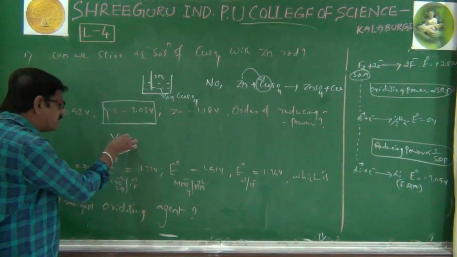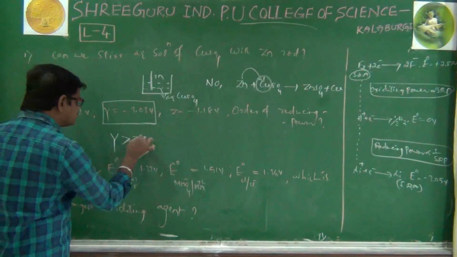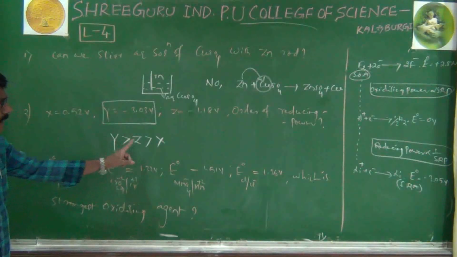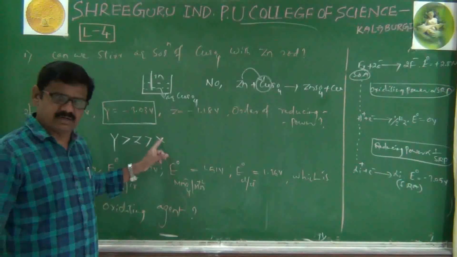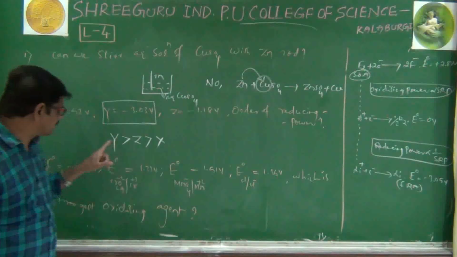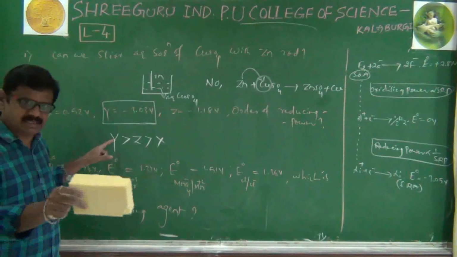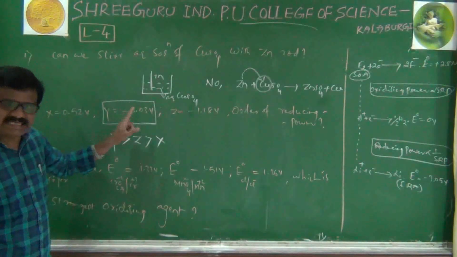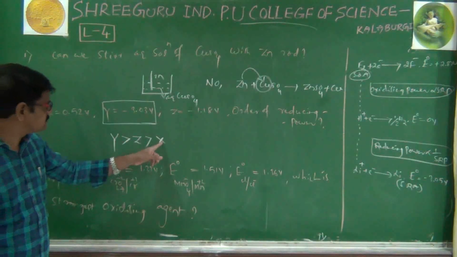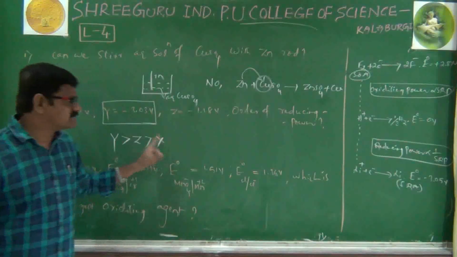After Y we take Z, then X. This is the order of reducing power. Y undergoes oxidation easily because its SRP value is very low, and X's SRP is higher, so its reducing power is less.